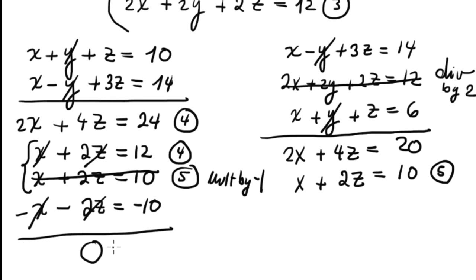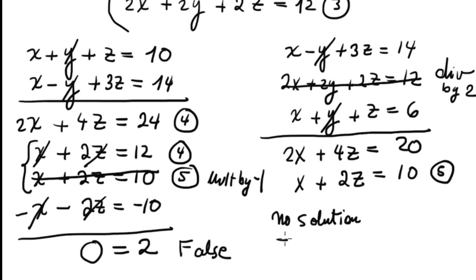So on the left hand side we have 0. On the right hand side we have 12 minus 10 is 2. Okay, this is a completely false statement. This is a contradiction. Therefore, the interpretation of this is no solution. This system has no solution. This system is inconsistent. This corresponds in the handout to the last option.